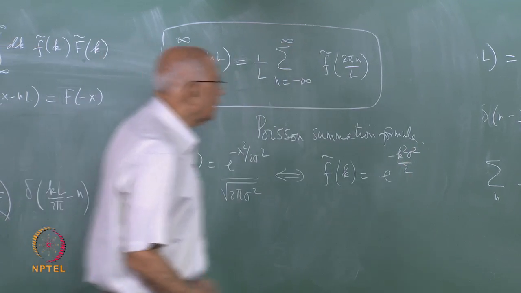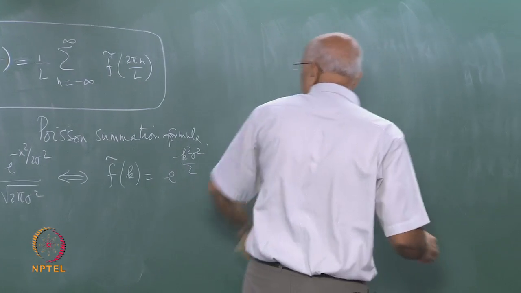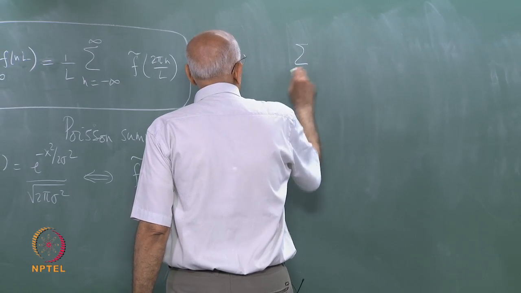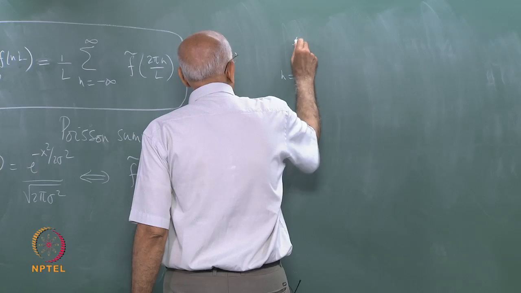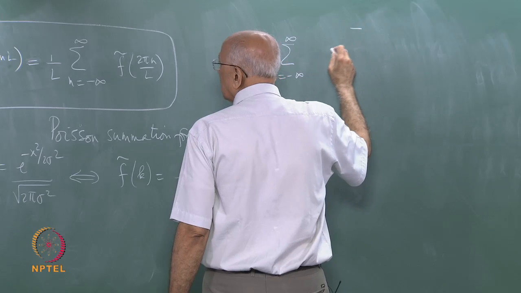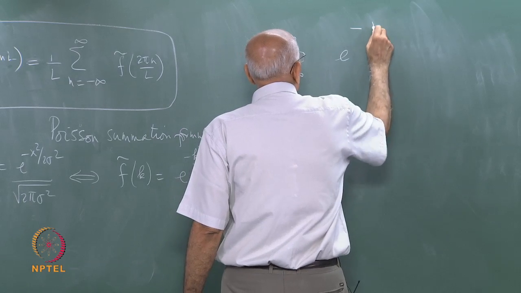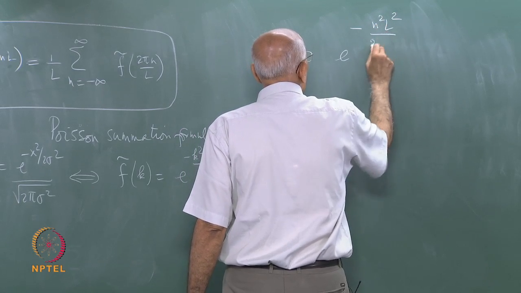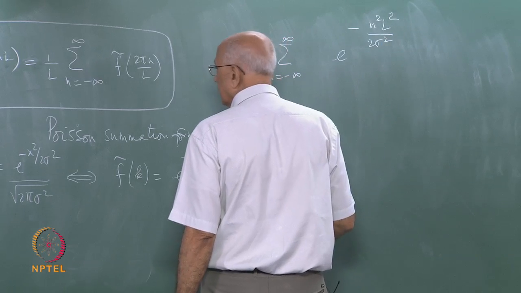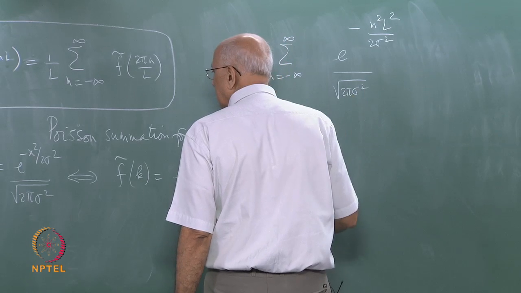And let us put that in, and then you get this very remarkable formula which says summation n equal to minus infinity to infinity e to the power minus, instead of x you put n, so it is n squared L squared over 2 sigma squared over square root of 2 pi sigma squared.